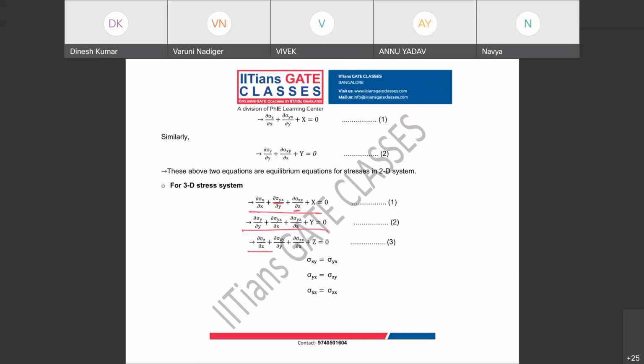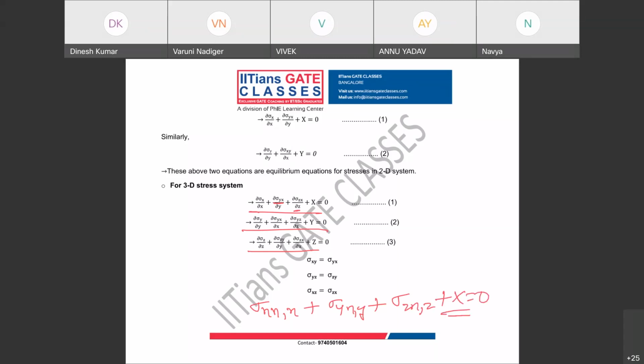So these are three equilibrium equations in three directions for a 3D stress system. In simple words, I can write it as sigma xx comma x plus sigma yx comma y plus sigma zx comma z plus capital X equal to 0.